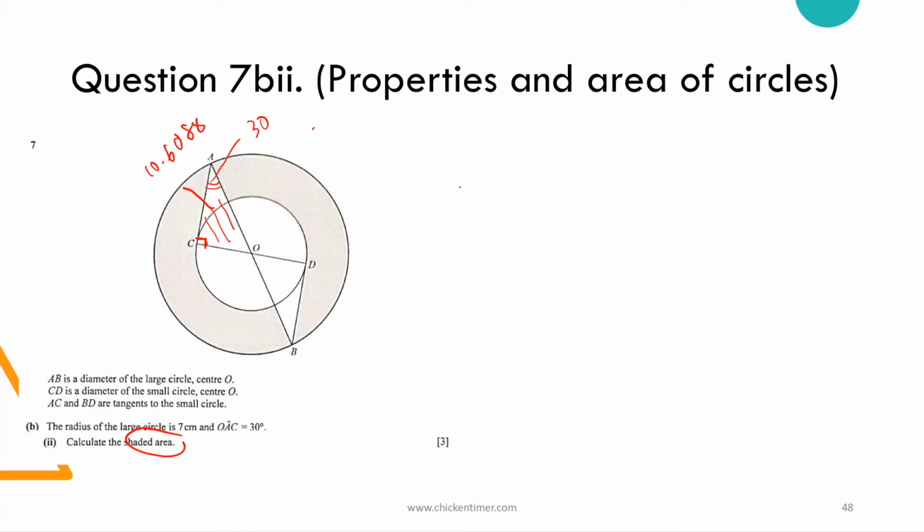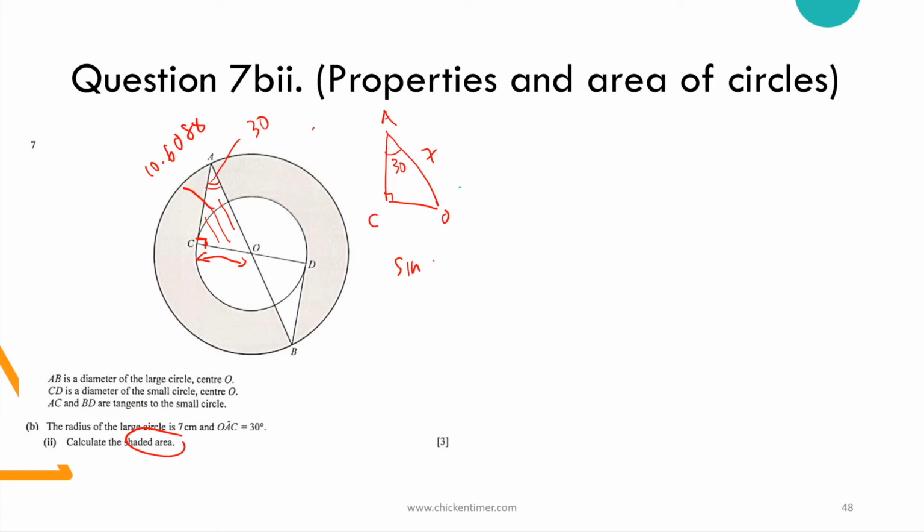So I would have to find the length of this CO to find out the area of the smaller circle. So back to this. This is 7, and then this is 30 degrees, so CO is opposite.